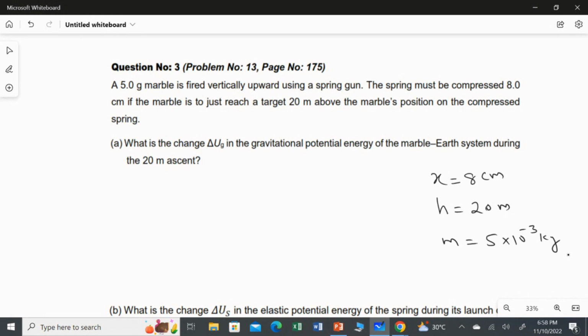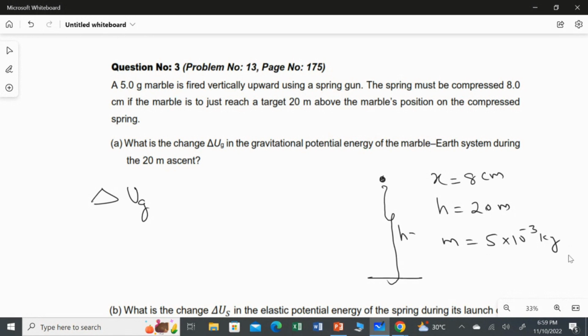First question, we are going to find the change in gravitational potential energy of the marble earth system during this 20-meter ascent. Better I write it: this is our earth and you are shooting the marble, it reaches this height, from this point to this point.